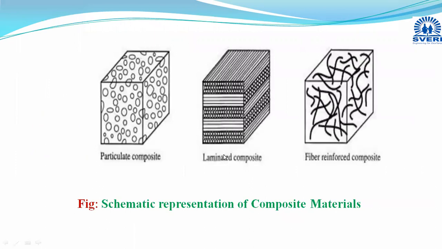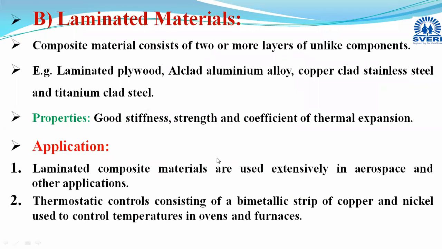This is one material, then a layer of another material, then a layer of another material, like this. Two or more materials are present in the form of layers, and so these are termed as laminated composite materials.